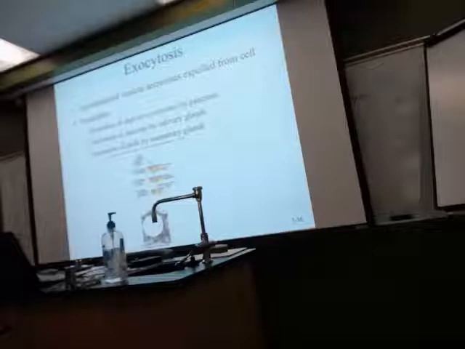Our cells, because they have a plasma membrane, have the ability to wrap around a substance and bring it in, and the materials that they make, they can actually spit out, which is exocytosis, which I think is kind of cool. So they deserve a mention.